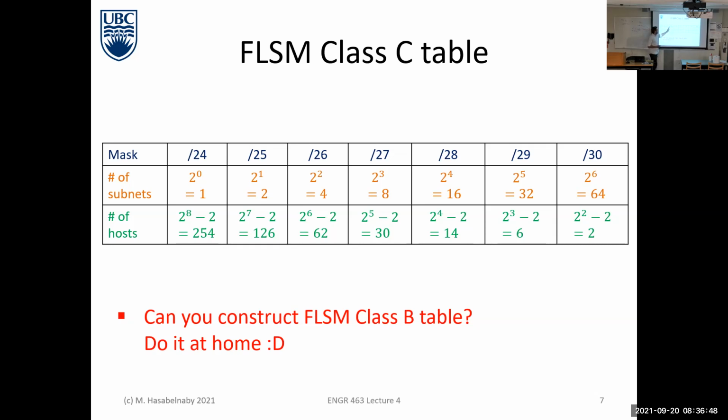If we make the subnet mask /25, what is the difference between the default subnet mask and the new subnet mask? The new subnet mask has 1 more significant bit, so we increase the subnet mask by 1.